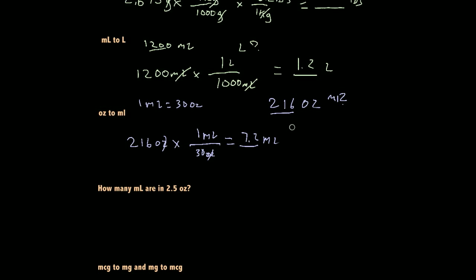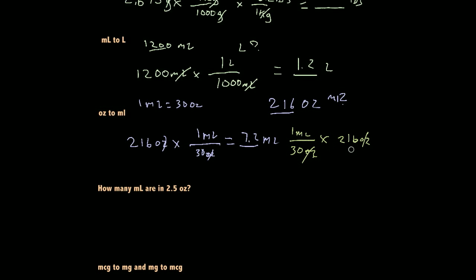I could have done this problem just as well, started at 1 milliliter over 30 ounces, multiply that by 216 ounces, and my ounces are still going to cancel out here.